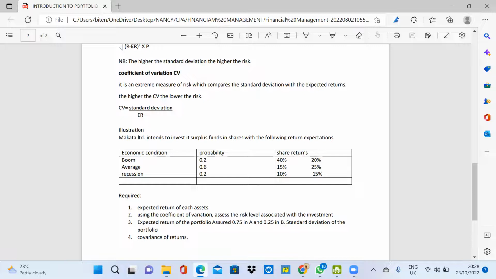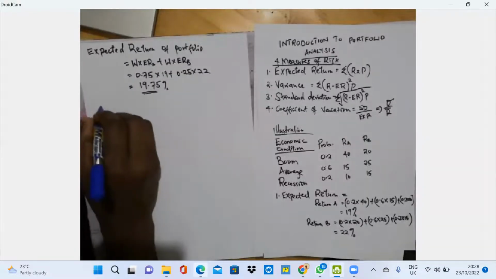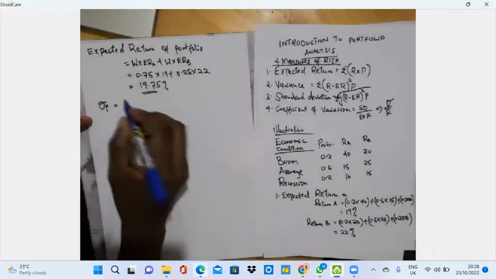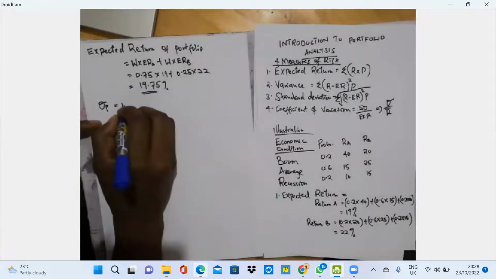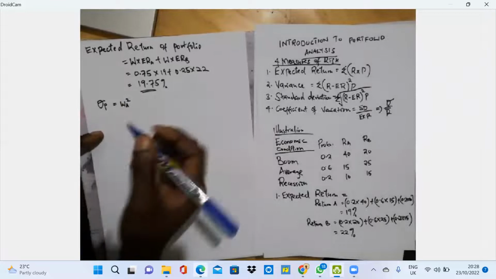Standard deviation of portfolio. To get the standard deviation of a portfolio, I'll write it like this. It is a big formula.